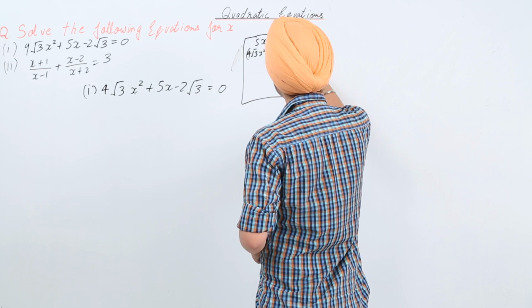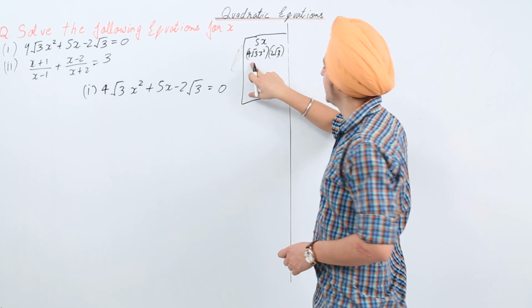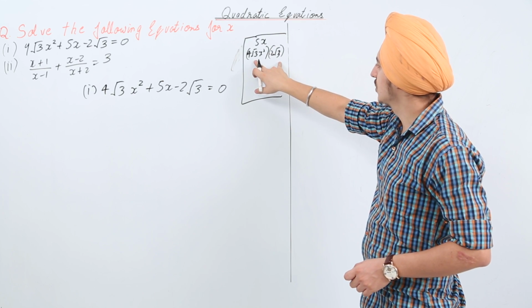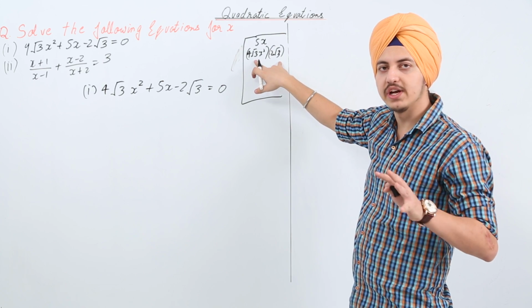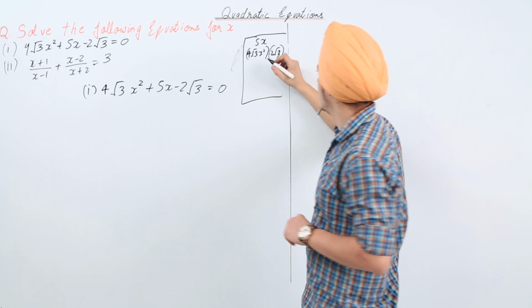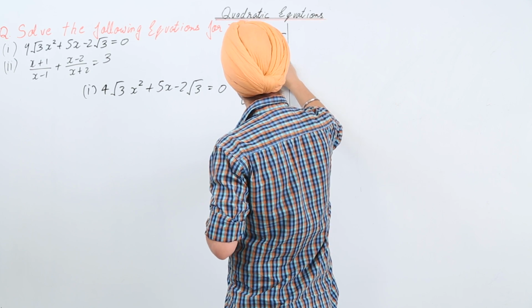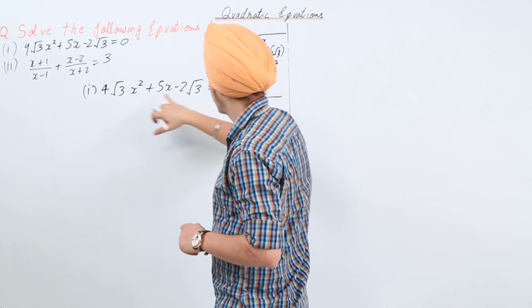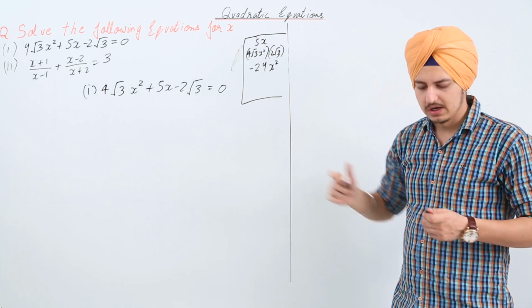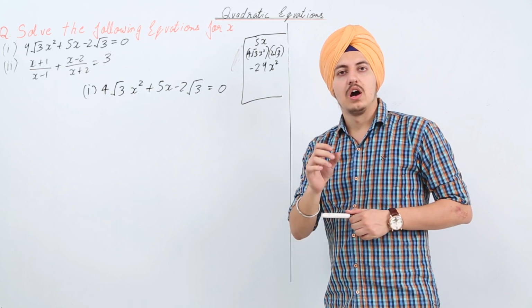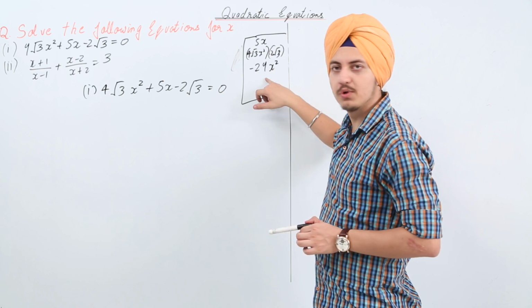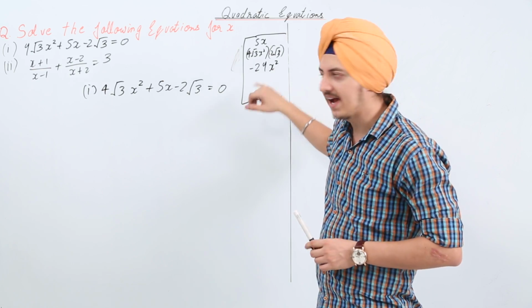So we multiply these two terms, we get 4 into 2, 8 into root 3 into root 3, that is into 3. So 8 into 3 is 24 x square. So this is minus 24 x square. We have to find terms whose sum is equal to 5x and whose product is equal to minus 24x square.